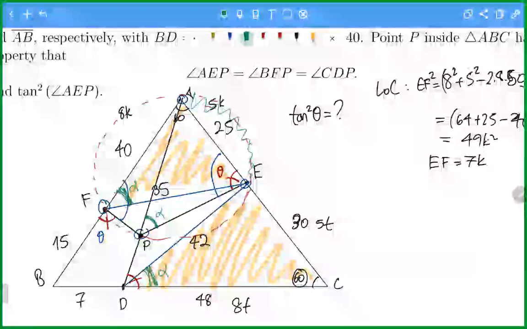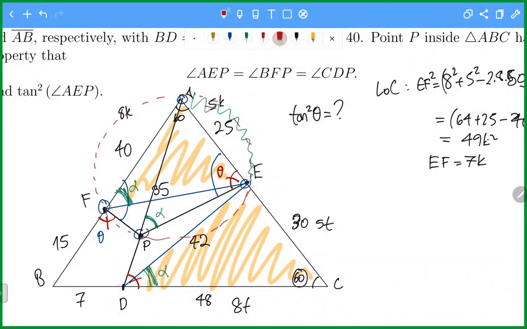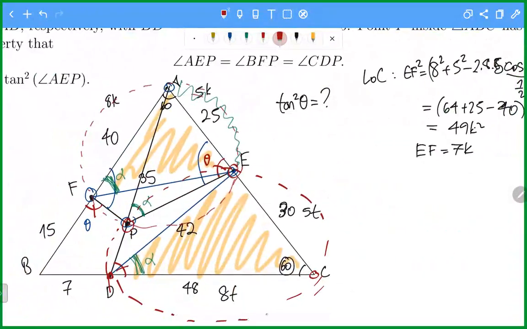And again, when we do a similar analysis with the points P, E, C, and D, we observe that they are cyclic as well, because opposite angles add to 180, right? So we can just draw a circle here. It doesn't look like a perfect circle, but it doesn't hurt.